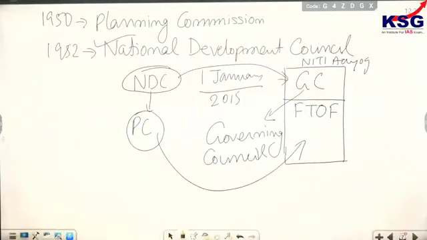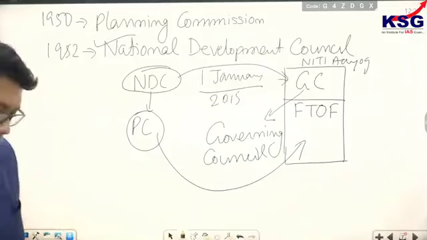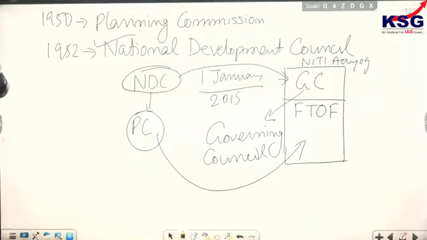Full stop. The Union Cabinet constituted the NDC in 1952, with the following functions.